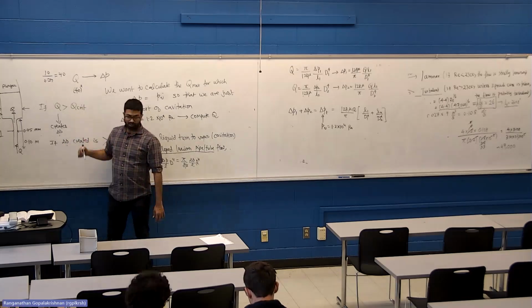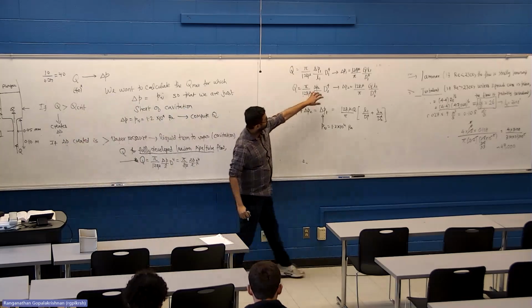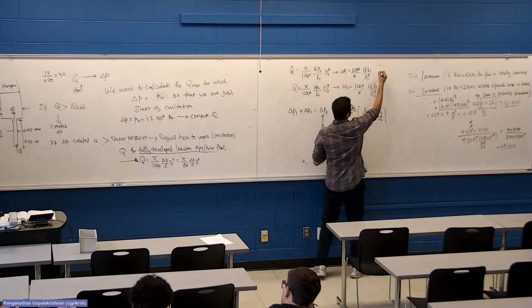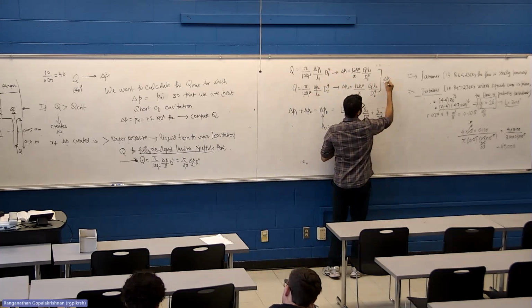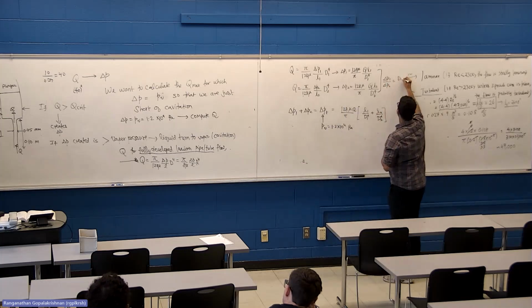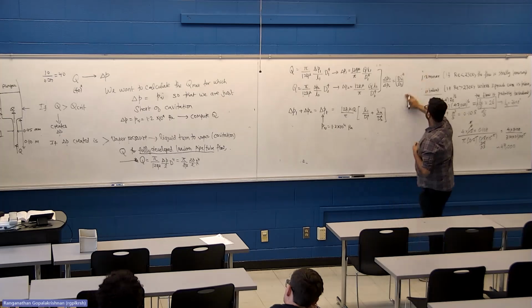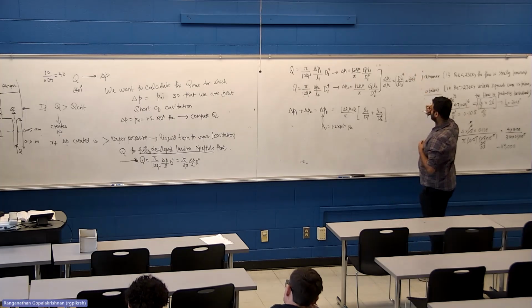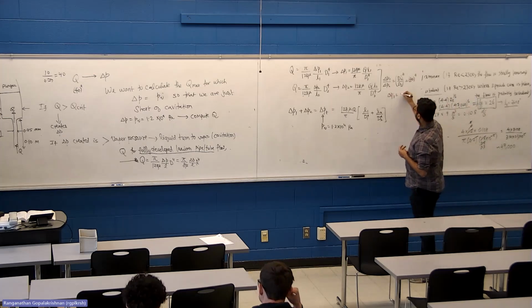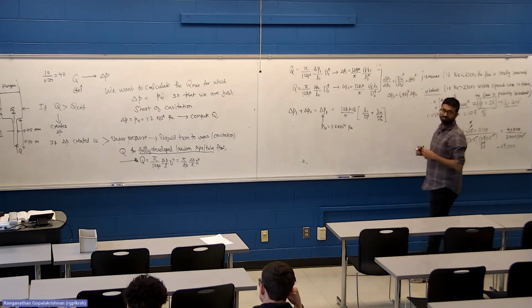If you see here, if the diameter differs, delta P1 divided by delta P2 is like D2 over D1 to the power 4. That is 40 to the power 4, which is a huge number, or in other words, one pressure drop is this factor times the other.